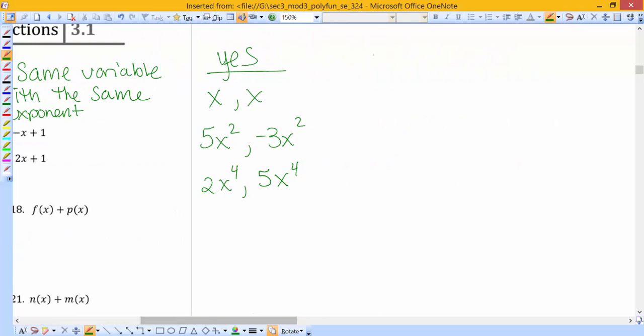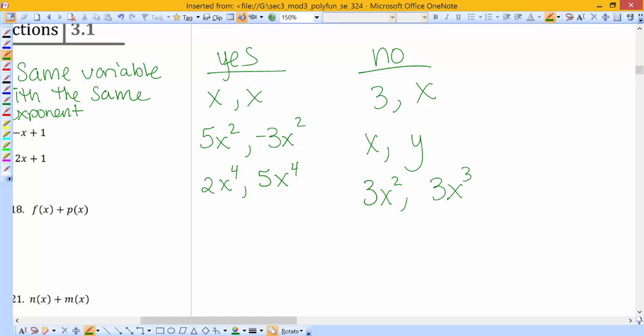Those are like terms. Non-like terms. 3 and an x. X and a y. 3x squared, 3x cubed. It's the variable and the exponent. So pay attention when you guys are going through this. The 3 and the x I cannot put together because the 3 does not have an x.